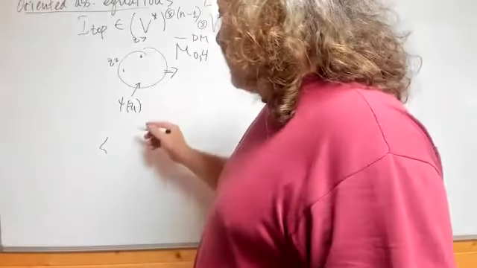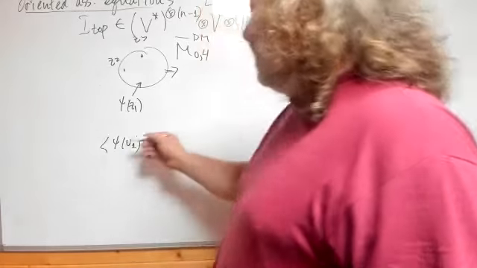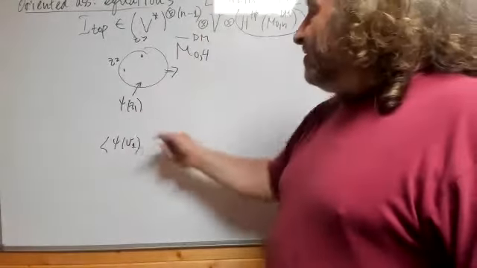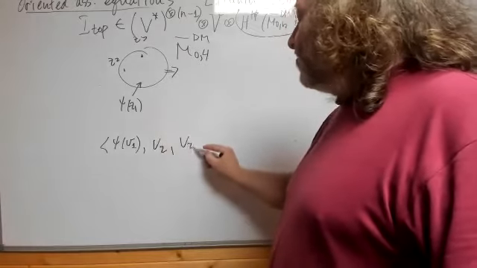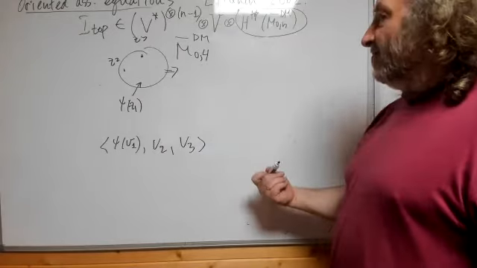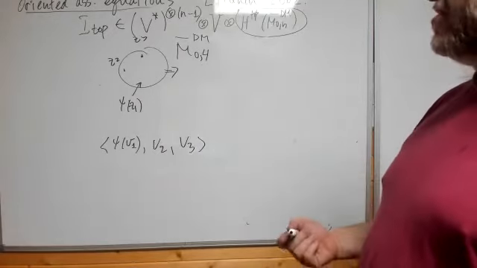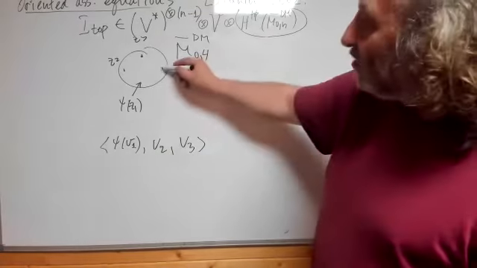I would write it like this: psi V1, V2, V3. So this is a vector. The result of the operation is a vector associated to the output.